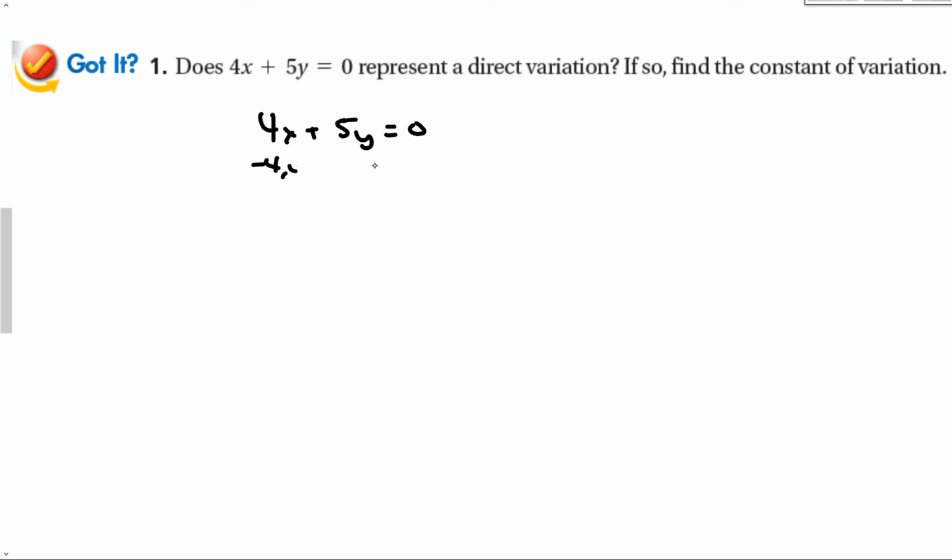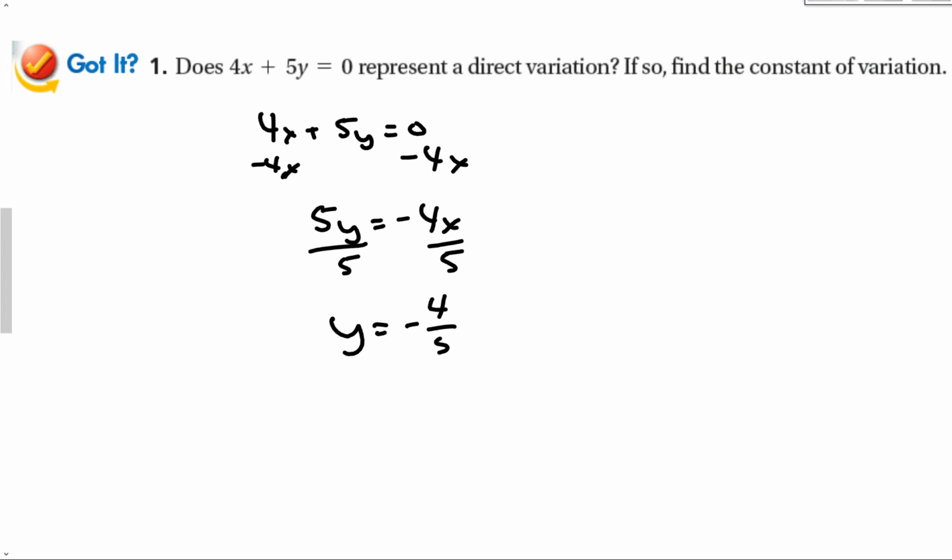Subtract 4x from both sides, and we get 5y is equal to negative 4x, and divide out the 5, and we have y by itself, and we have negative 4 over 5 times x. That is direct variation, and my constant of variation is negative 4 over 5. Whatever number happens to be in front of the x.